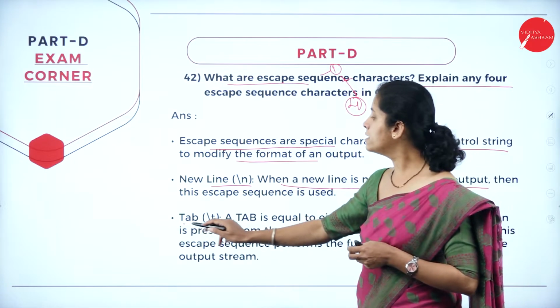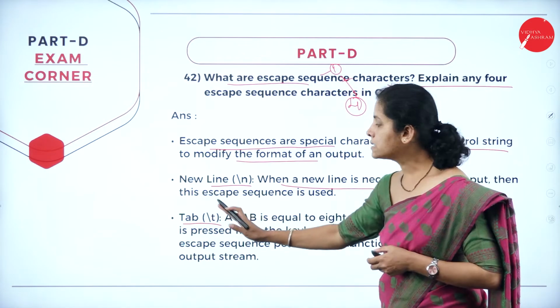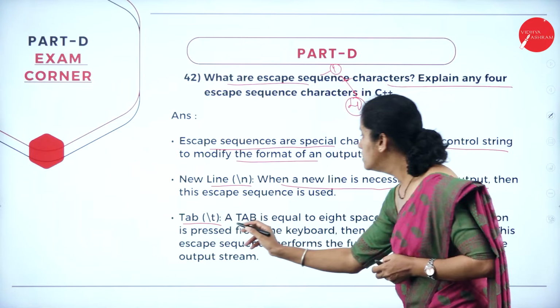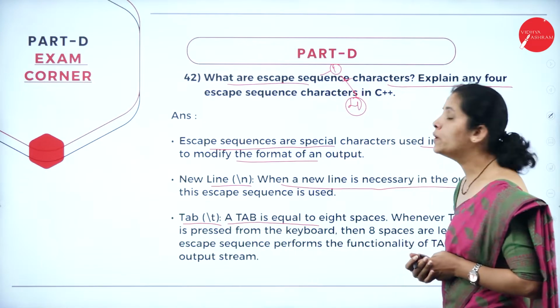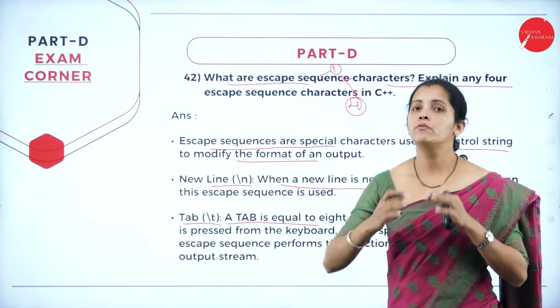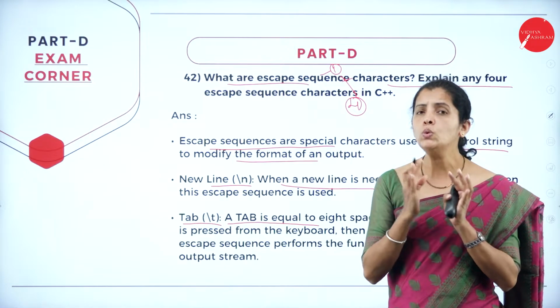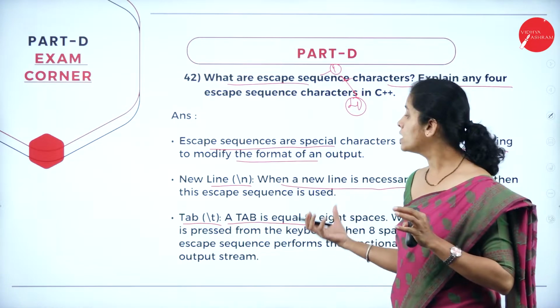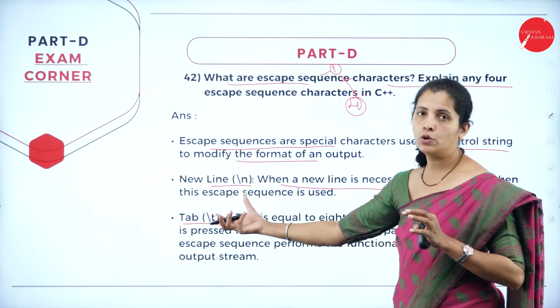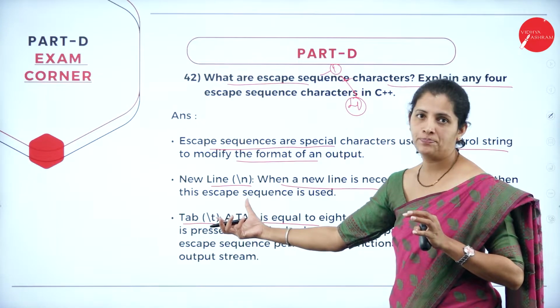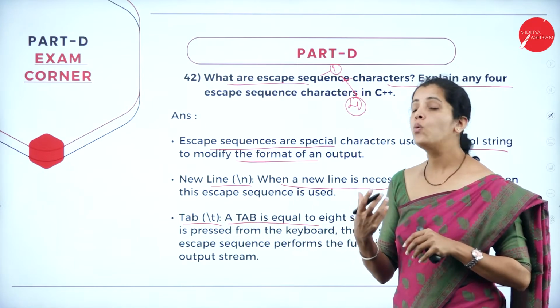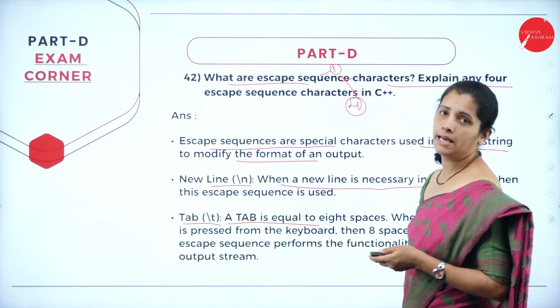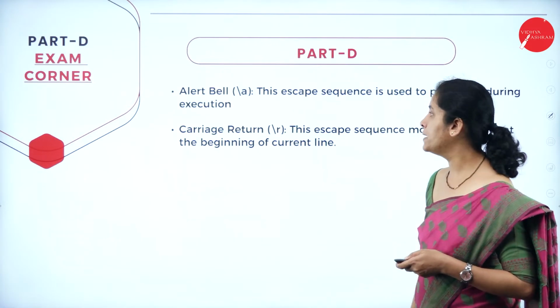Then what is the meaning of tab? That is \t. A tab is equal to 8 spaces. That means if I want to give space between 2 words, what escape character am I going to use? That is \t, and it is going to provide 8 spaces.